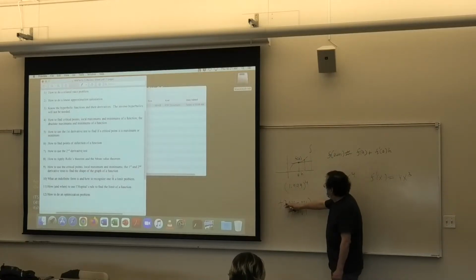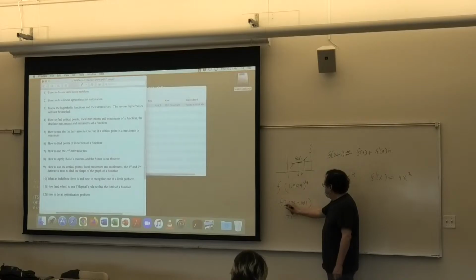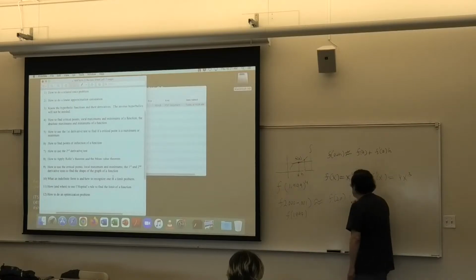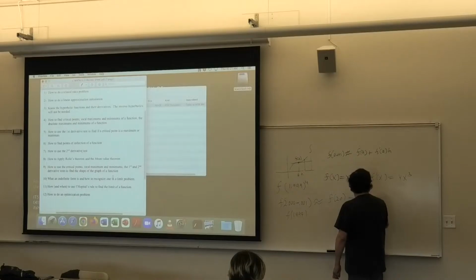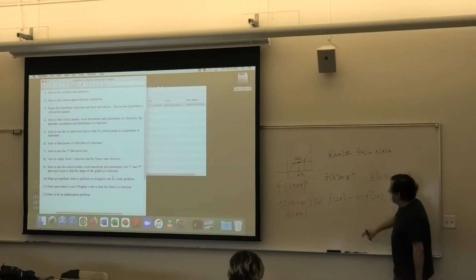So instead of finding f of 1.999, we're going to find f of 2.0. So linear approximation tells me this is approximately f of 2.0 minus 0.001 times f prime of 2.0. So all right, let's figure out what that is.